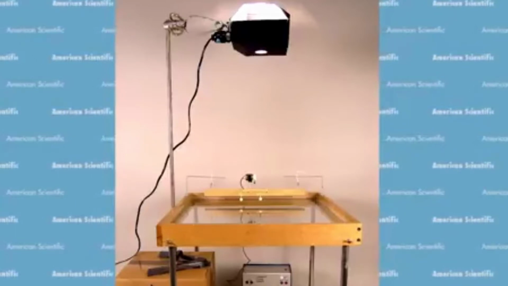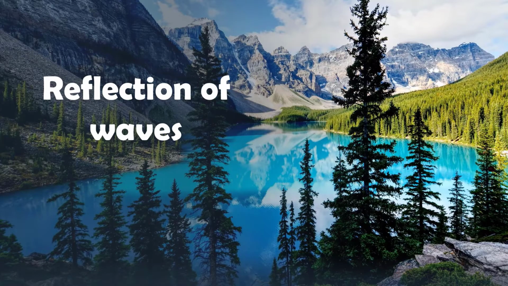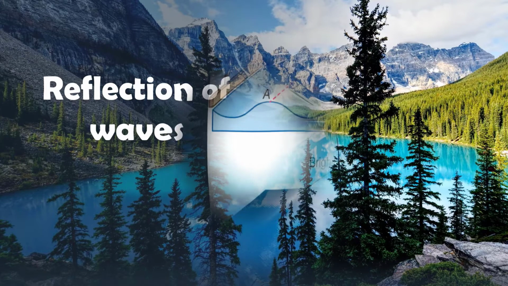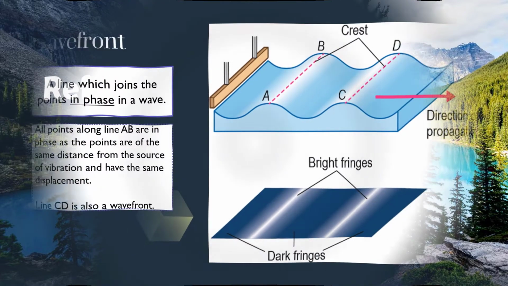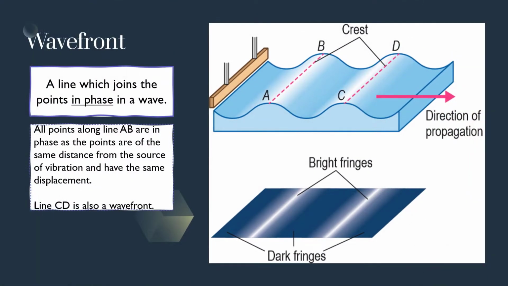So what you see in the diagram is a side view of the water ripple tank. All points along line AB are in phase, and these are the points at the same distance from the source of vibration, and they have the same displacement.